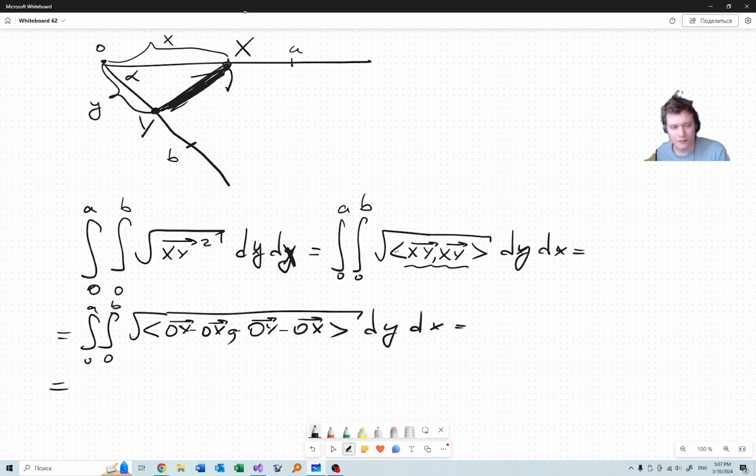Okay, now we can simplify it, because let's find a unit vector here which is OA and a unit vector here which is OB.